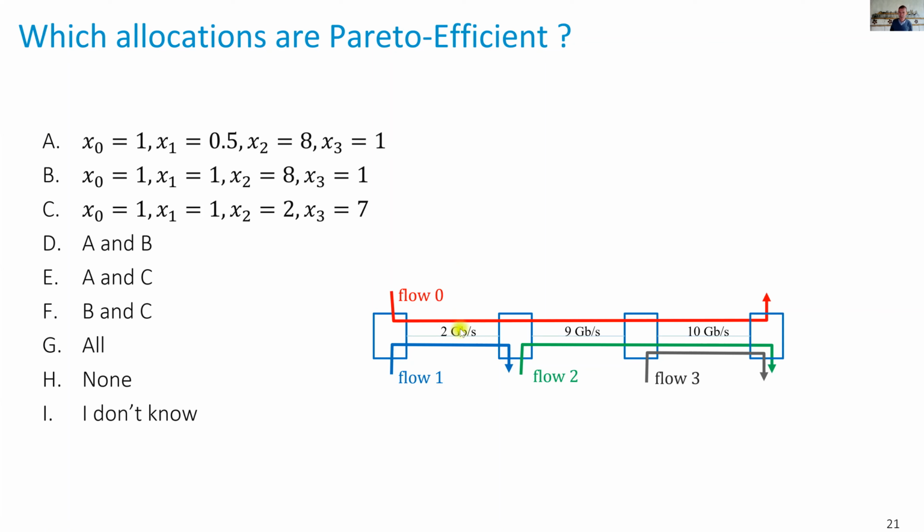Here I'm giving another example, again with one red flow, one blue, one green, and one black flow, and there are 3 links with the capacities that are given here. Which allocations are Pareto efficient?